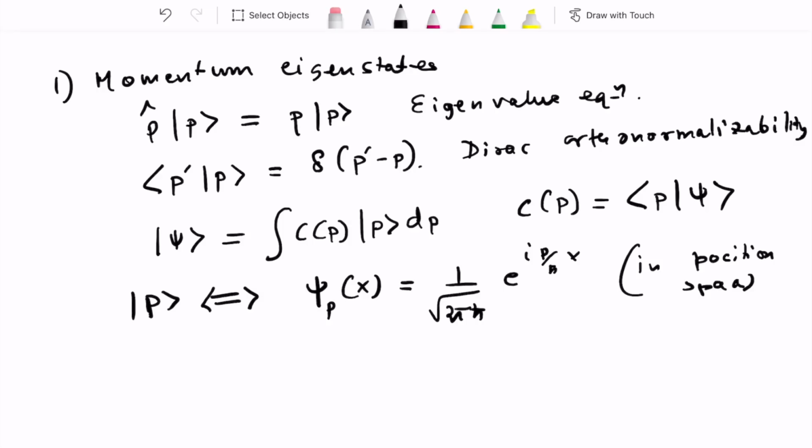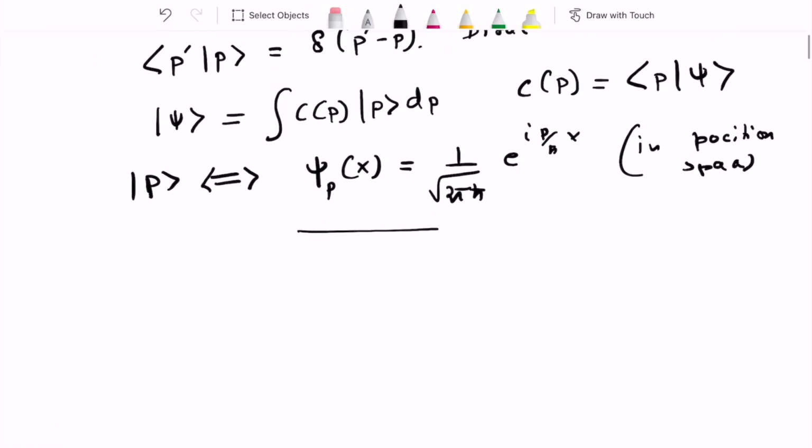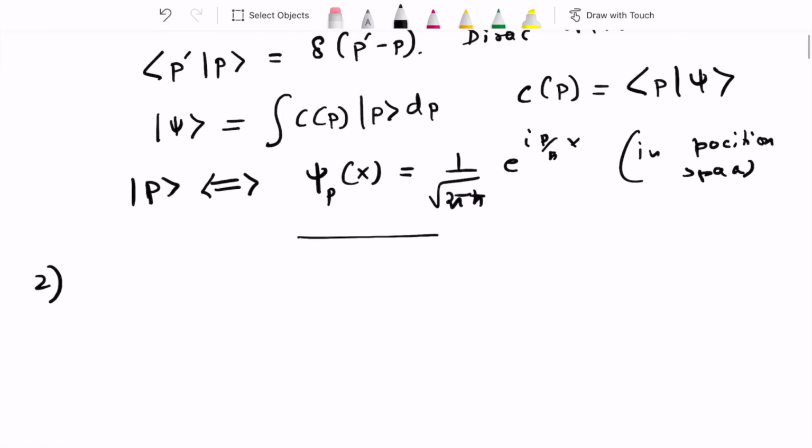All right, so then we also went ahead and did something very similar for position eigenstates, eigenstates of the position operator. So here is the eigenvalue equation.